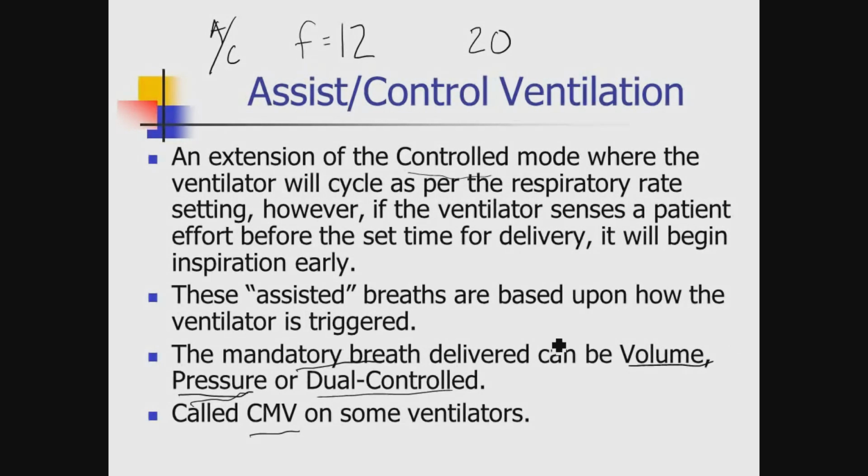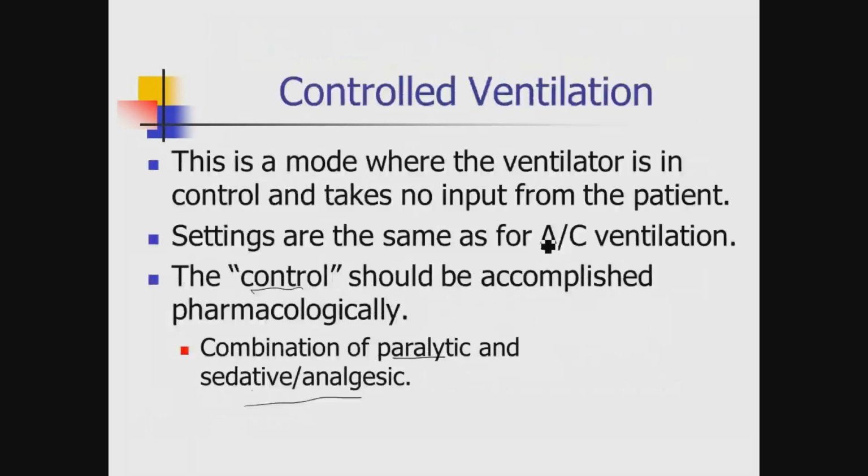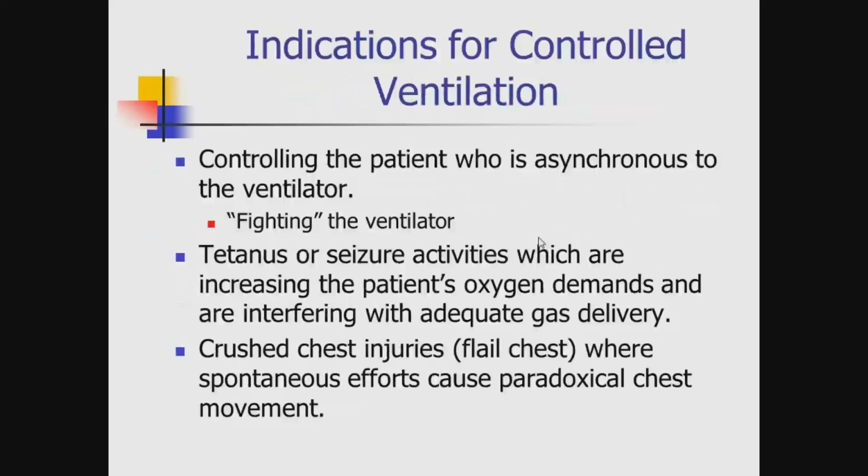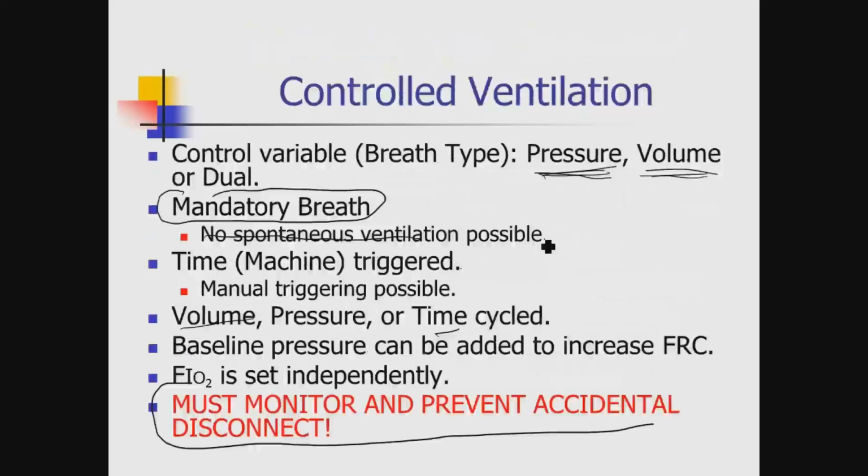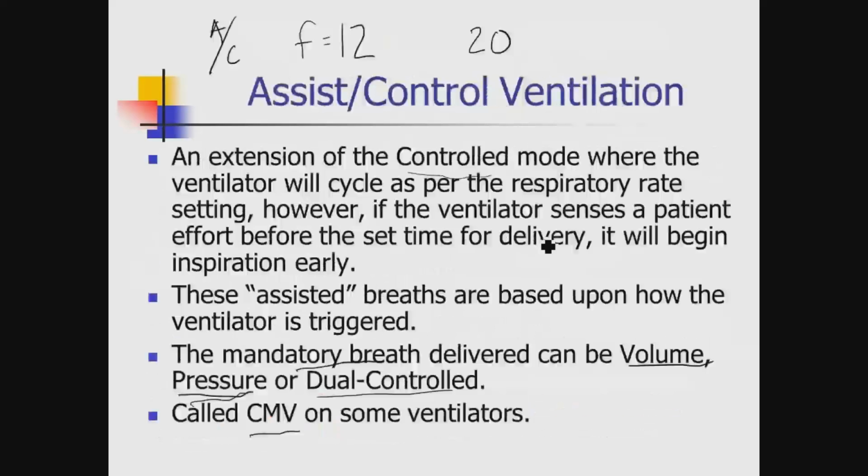What we're hoping is that if it's too small of a volume, because perhaps their compliance fell or the resistance rose, the alarm will trip and say, hey, buddy, you don't have enough tidal volume there. But if it's volume, the machine will give that full tidal volume at whatever pressure it requires.